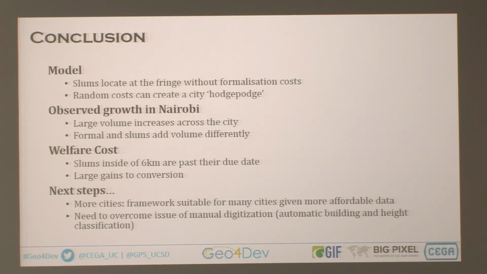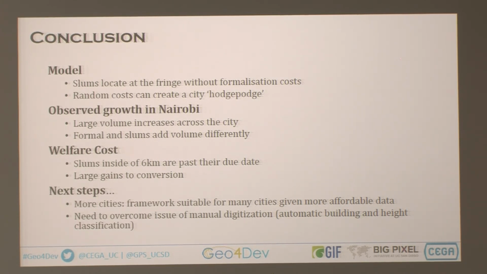And when we tie this together, doing our welfare cost calculation, we see that there are large gains to be made potentially by reducing some of these frictions. And also that plenty of the land near the city center in Nairobi seems to be past its due date in terms of slum use.